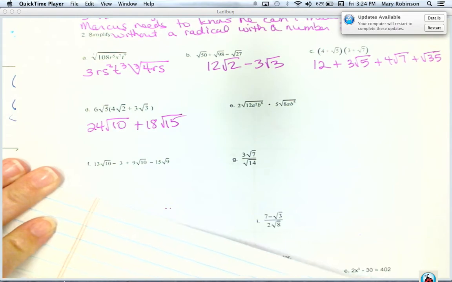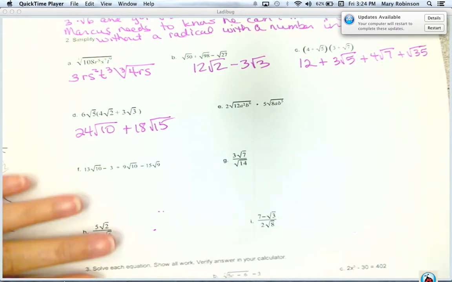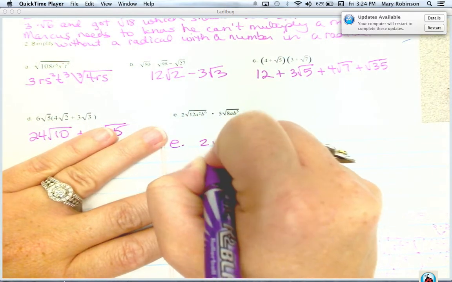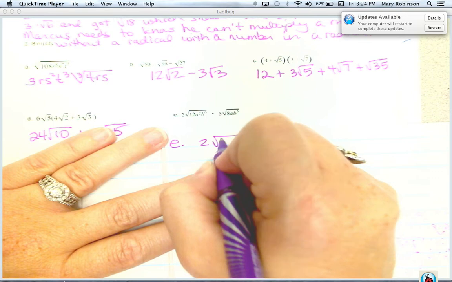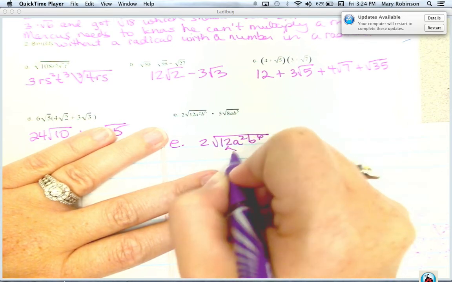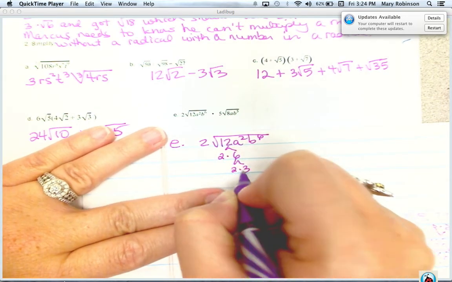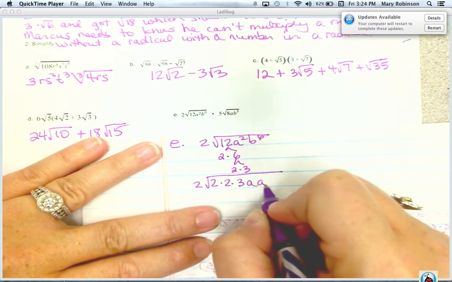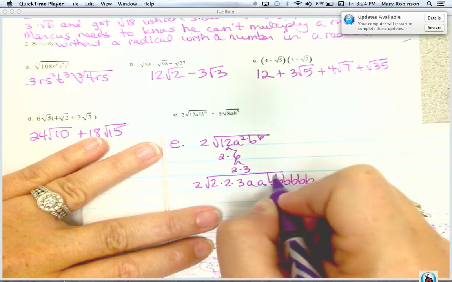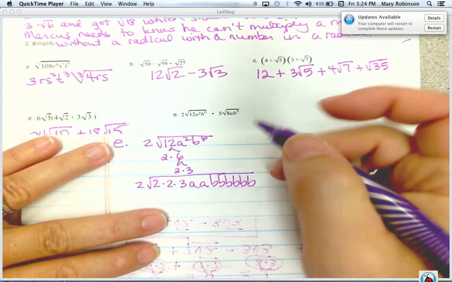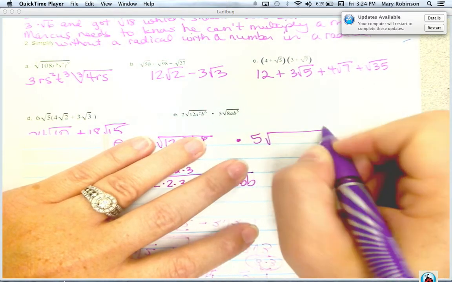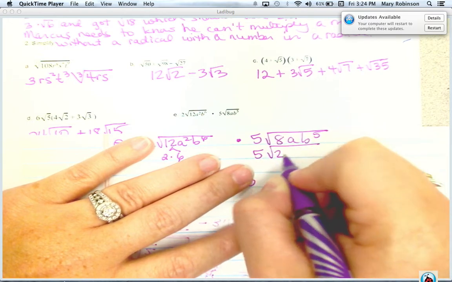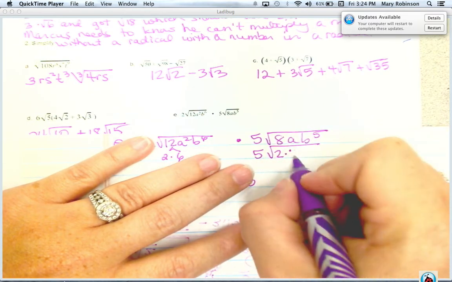No adding or subtracting here, but we are multiplying. So I'm going to go ahead and break down, well, let me write it first. That's 2 times 6, which is 2 times 3. So it's really 2 times 2 times 3, 2 A's and 6 B's times 5 which is 2 times 4, which is 2 times 2.